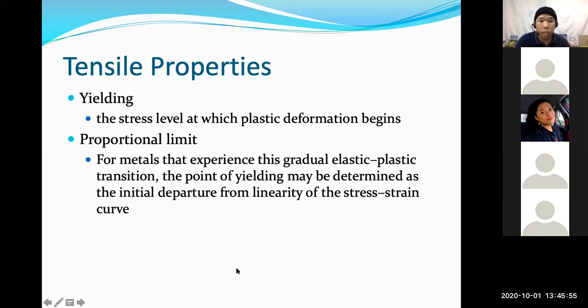Now let's go to tensile properties. Yielding is the stress level at which plastic deformation begins. And for the proportional limit, for metals that experience this gradual elastic to plastic transition, the point of yielding, as you have seen in the figure, may be determined as the initial departure from linearity, straight, right, of the stress strain curve. So yielding and proportional limit.